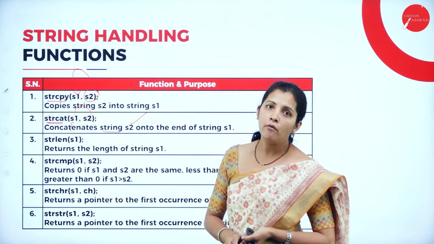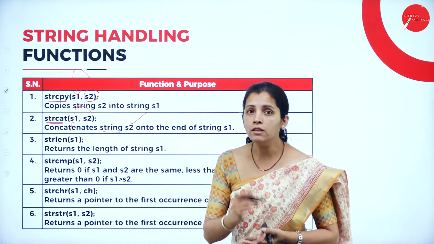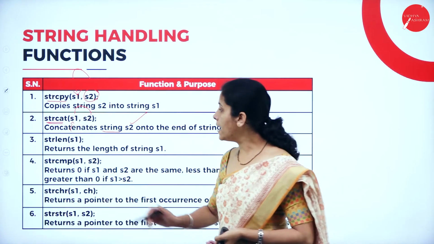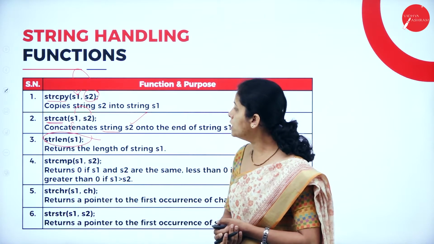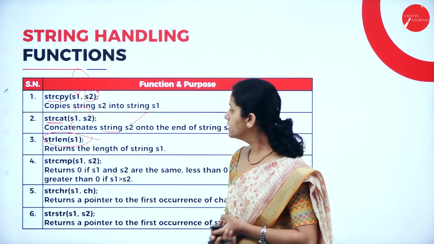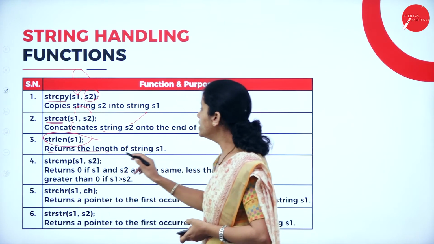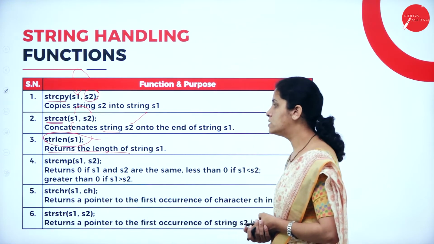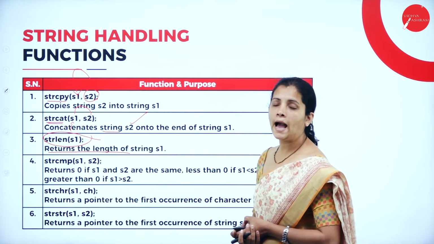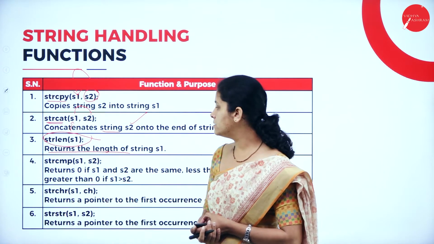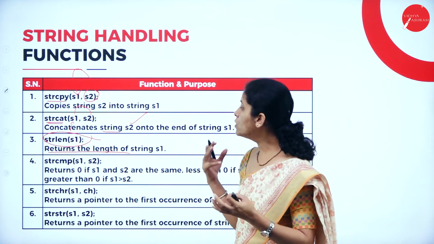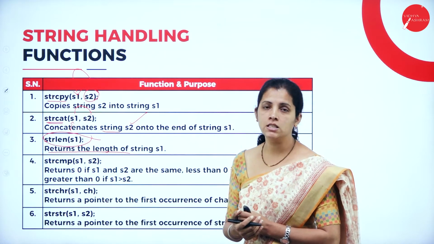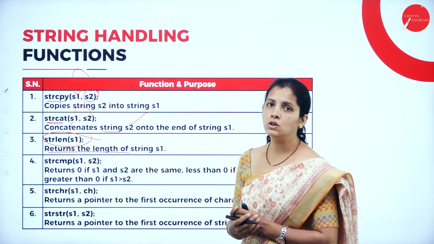Now, if I want to find the length of the string, for that I can make use of the built-in function called strlen. And it's going to return the length of the string. Now, I have string comparison. So, what is this string comparison? I want to compare whether both the strings are equal or not.